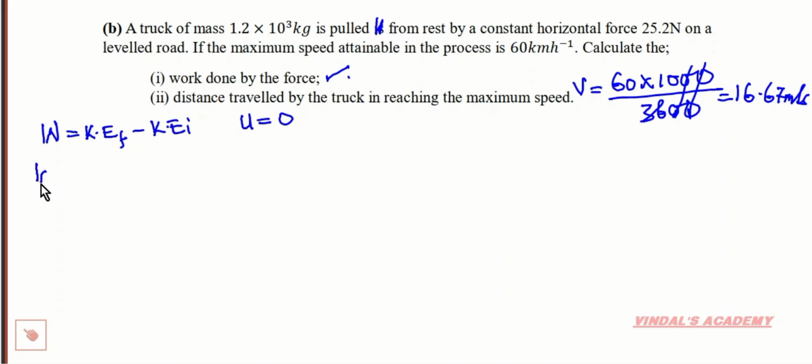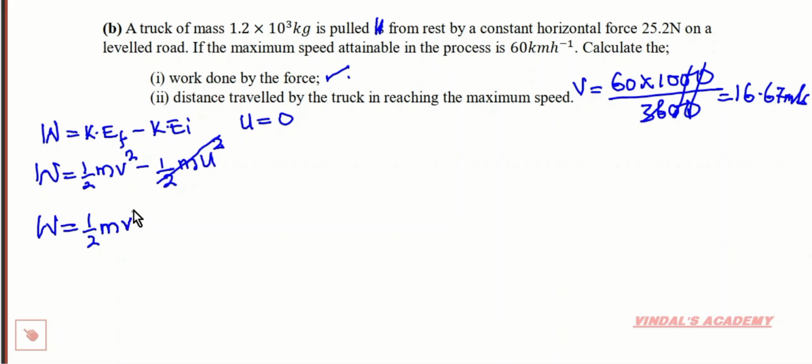So work is equal to half m v squared minus half m u squared. Everything with u is going out because u is 0. So we have that work done by the force is given as half m v squared.